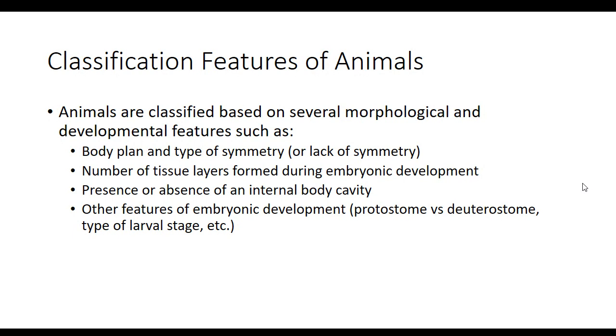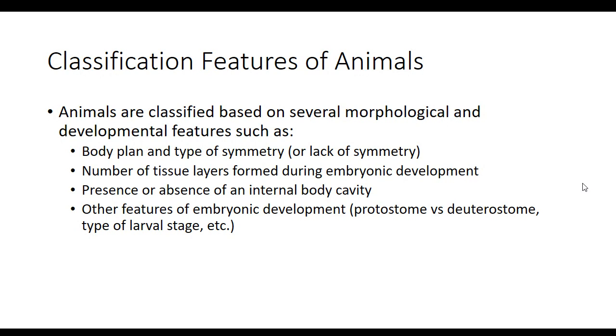Symmetry just means the sameness. So, for example, humans have a type of symmetry in which the left half of you looks pretty much like the right half. If you cut you in half, the two halves look pretty much the same, except they're mirror images of each other. So that's a type of symmetry.